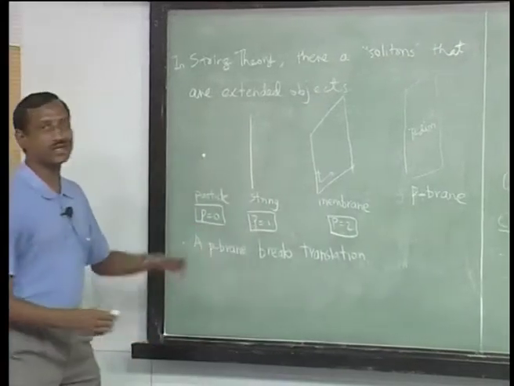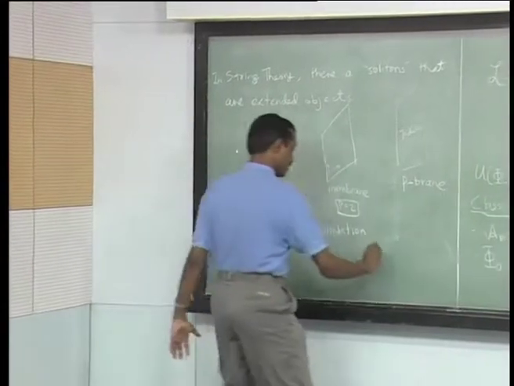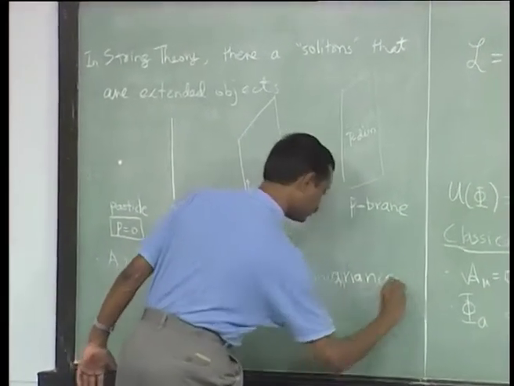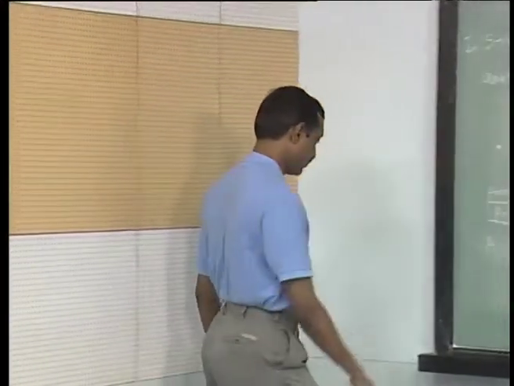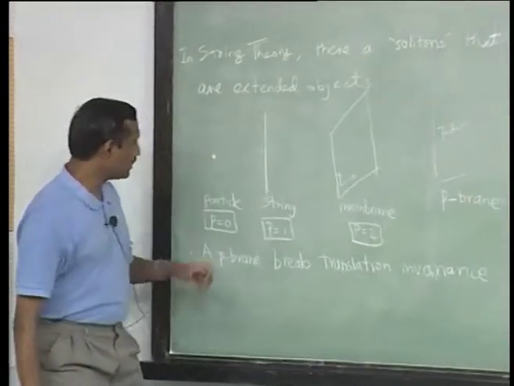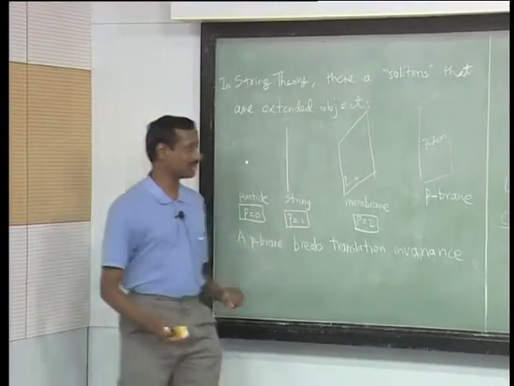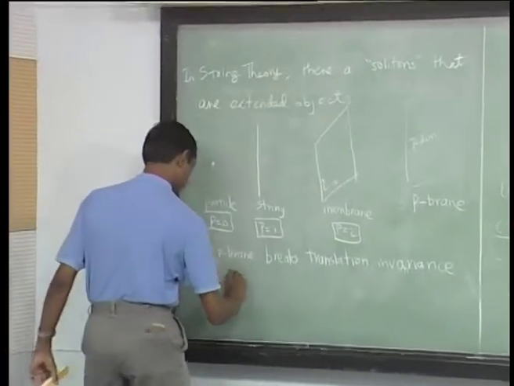I should mention that these are objects living in 9 plus 1 dimensions. So it breaks translation invariance in 9 minus p directions. For pictures I will use the string and generalize.